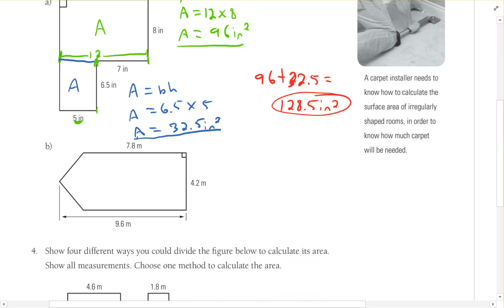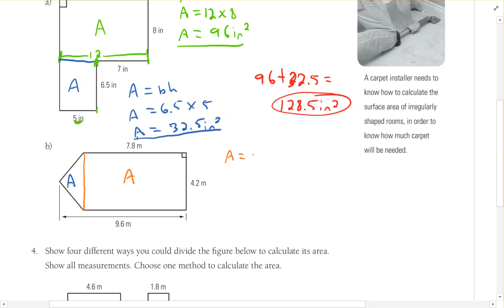The next one here now, we need to break this up again into some shapes. So what I'm going to do is draw a line from there to there. And now we're going to have the area of this triangle and then the area of the rectangle. We'll call this area 1, the area of the rectangle, and this will be the second area, the blue one. The area of the rectangle should be pretty straightforward.